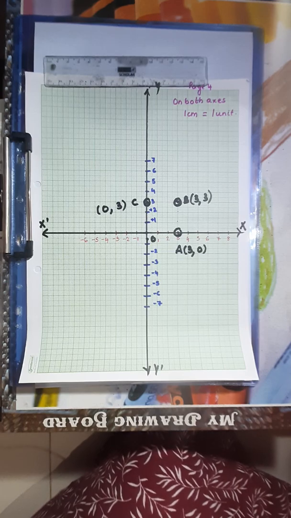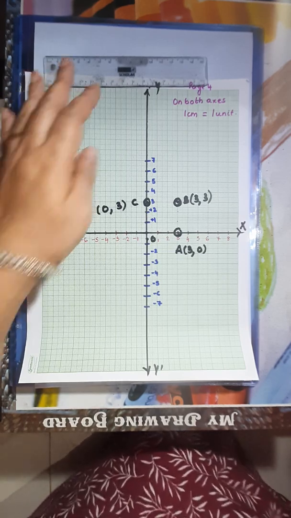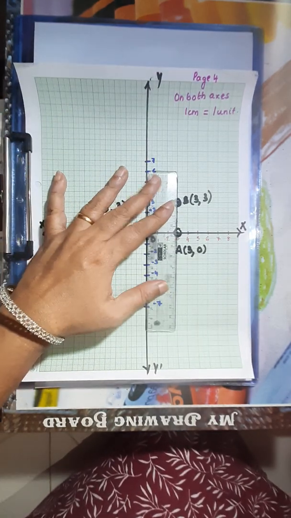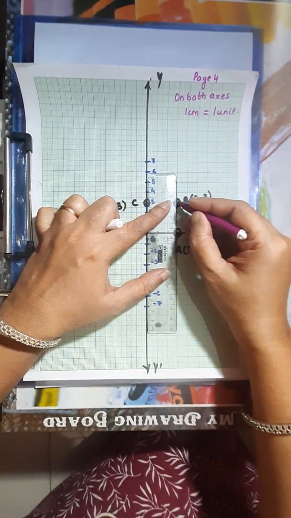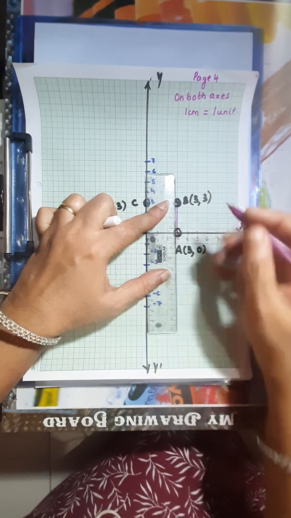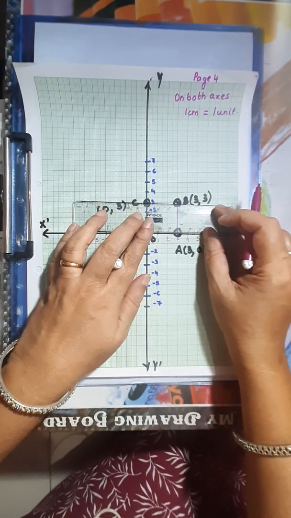Let us join AB, and let us join BC. After that, this is my AB and this is my BC.